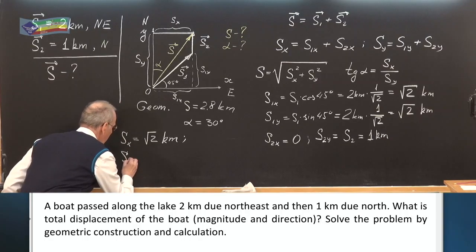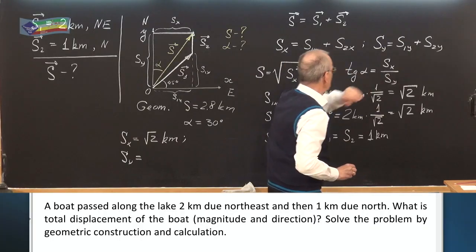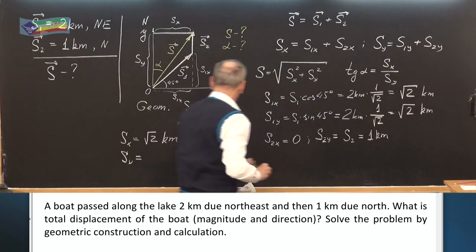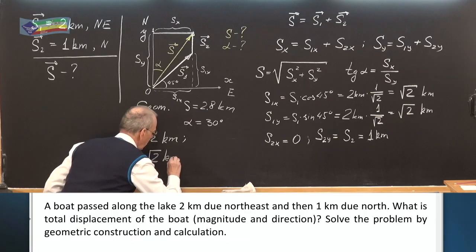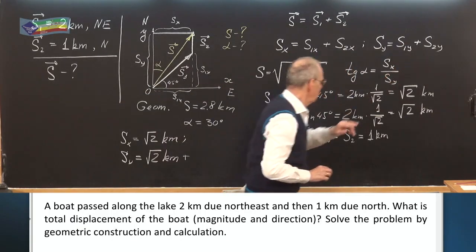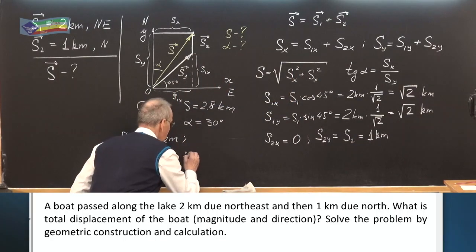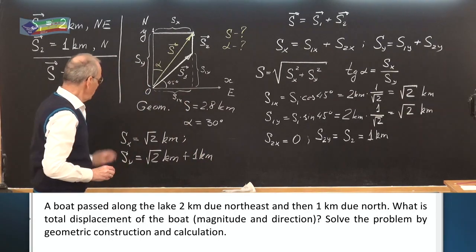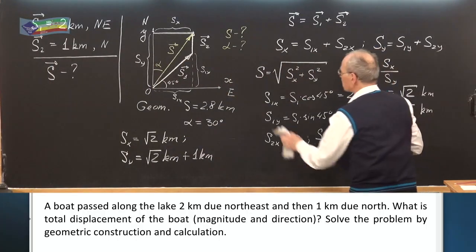Sy equals S1y, which is root of 2 kilometers, plus S2y, which is 1 kilometer. Now we know two components and can use these two formulas.